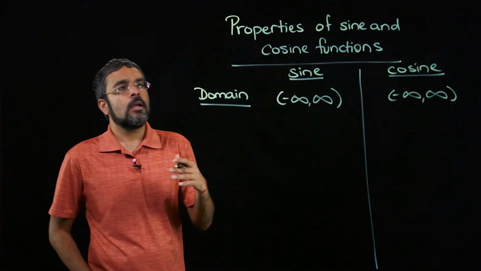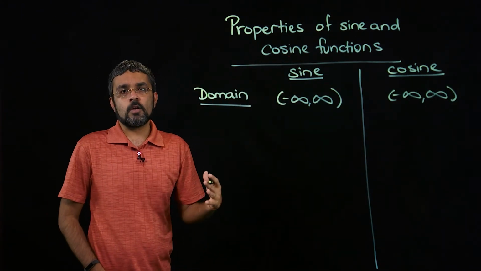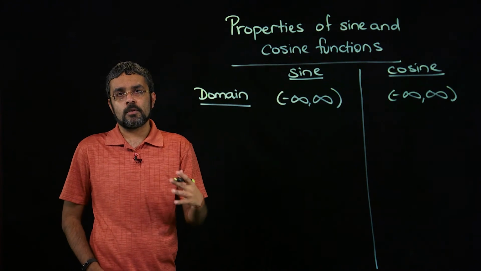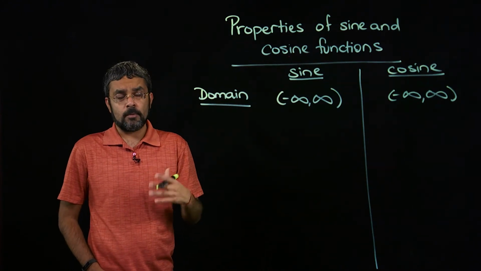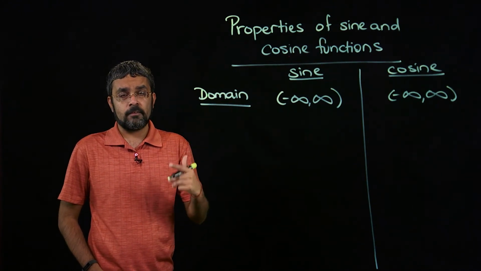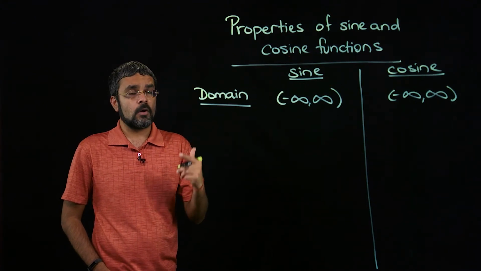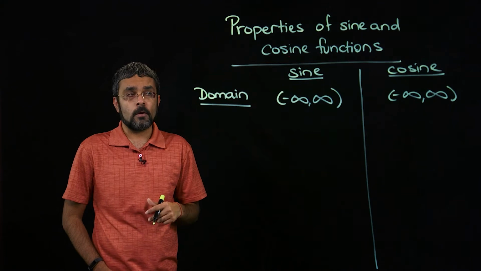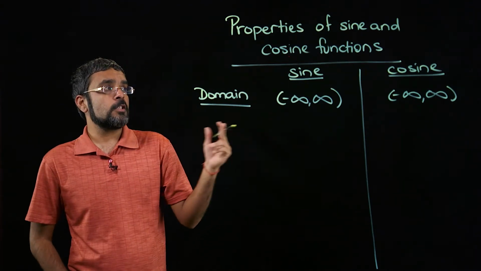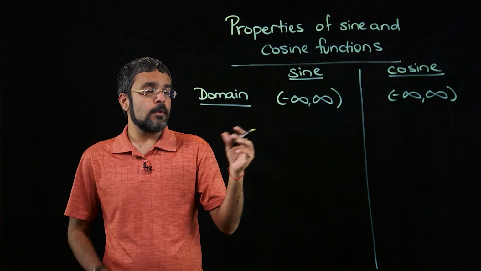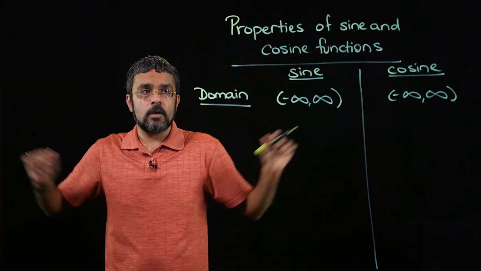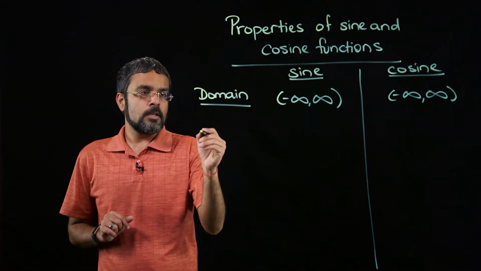Think about it: I can take the sine of any value I want. When I say sine x or sine theta, theta can be any number. It can be positive, negative, or 0. Same for cosine. So the domain of these two functions is negative infinity to infinity, which means the graph will go toward infinity on the x-axis. What's the range?